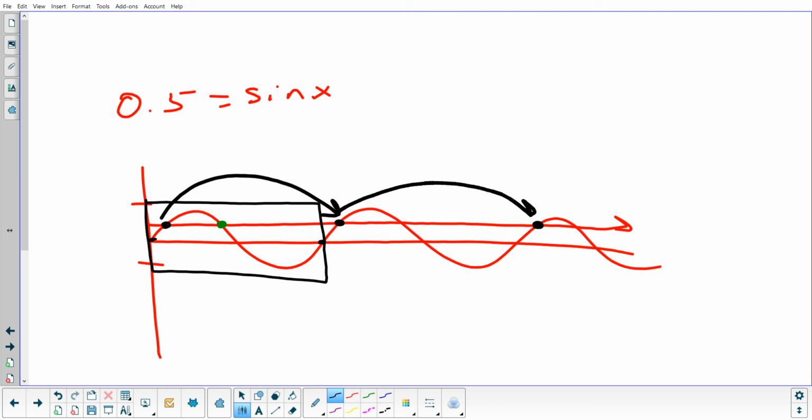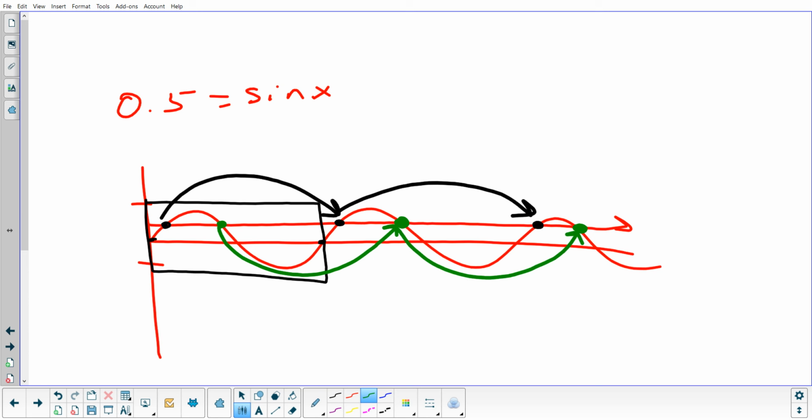How much later does the answer repeat? Just in general, this answer is going to repeat every what? Yeah, cycle. Every cycle, whatever the cycle is. And the green answer is also going to repeat every cycle.